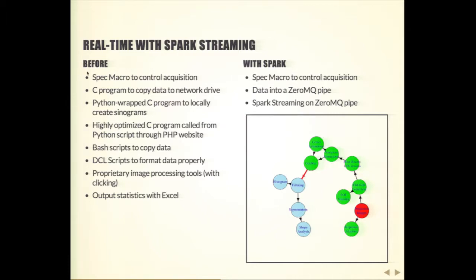It's functional, but if one part breaks, the whole thing falls down, and if you add one node, it won't automatically be integrated into the analysis, and it doesn't keep up with the current data rate. Using Spark streaming, we can have a 0MQ pipeline feeding the data from the camera into our analysis system, and then we can have a setup like this where we can use as many nodes as we need to keep up with the acquisition rate and the analysis.